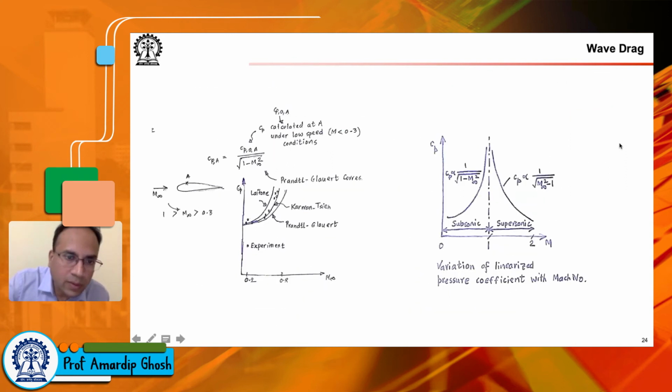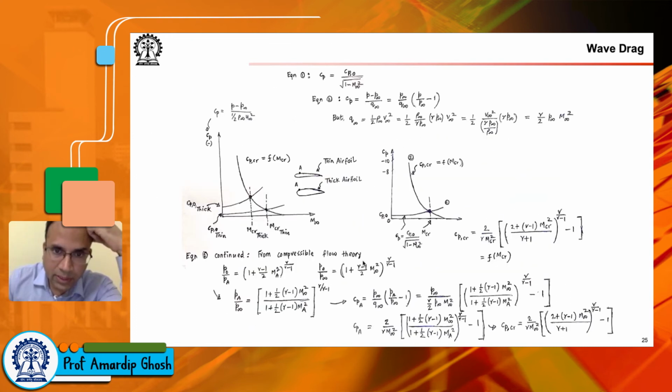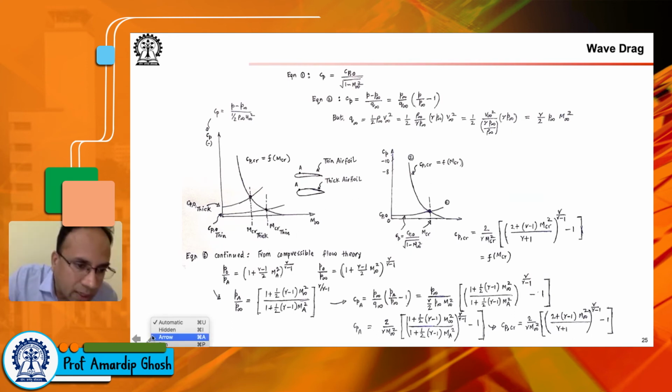Okay, now that we have seen the way in which Cp varies with M infinity, we will try to find a way in which we can estimate the Mach critical. So think of the previous slide. This one is that Cp versus Mach number plot.